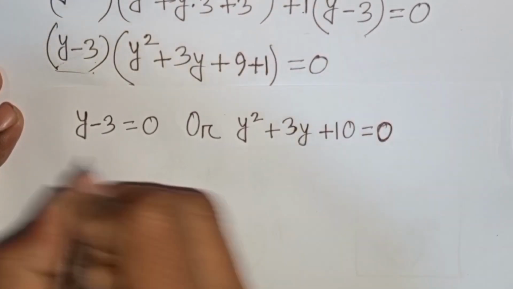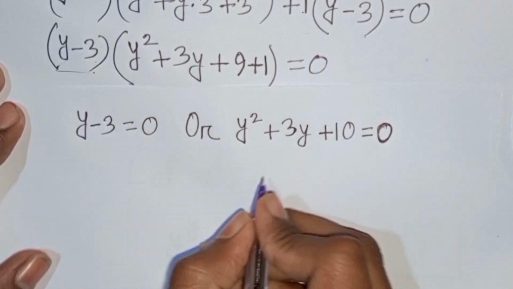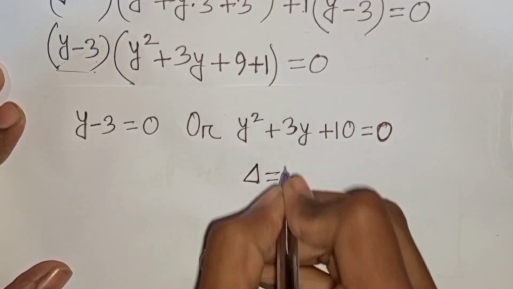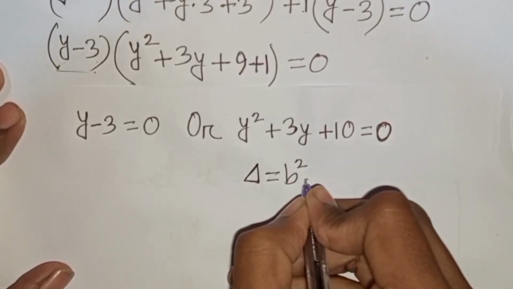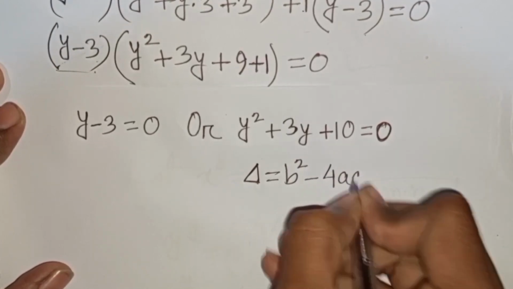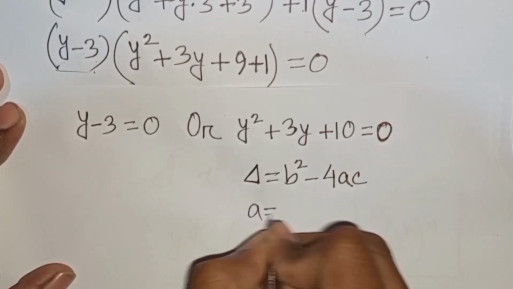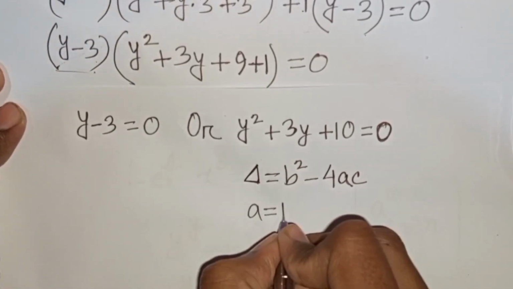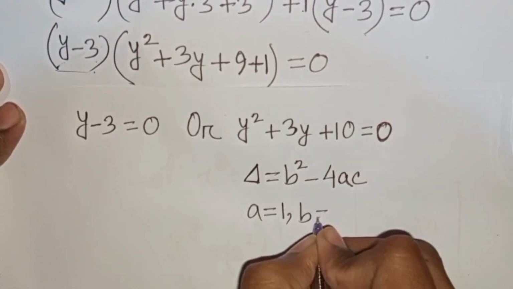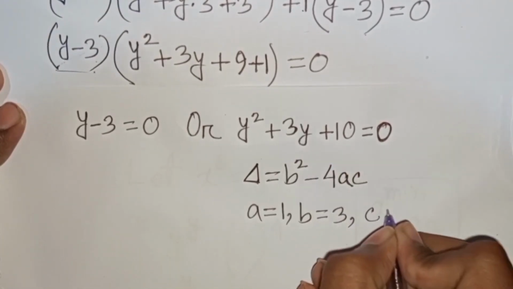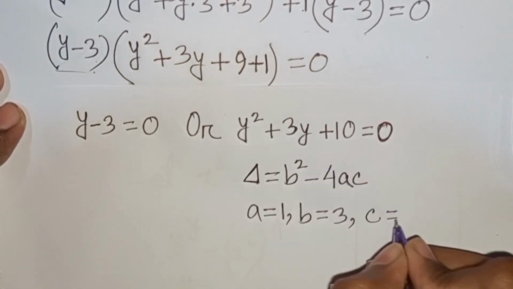Now here you can apply the discriminant formula, so you can write here delta is equal to b square minus 4ac. Here a will be equal to 1, b will be equal to 3, and c will be equal to 10.